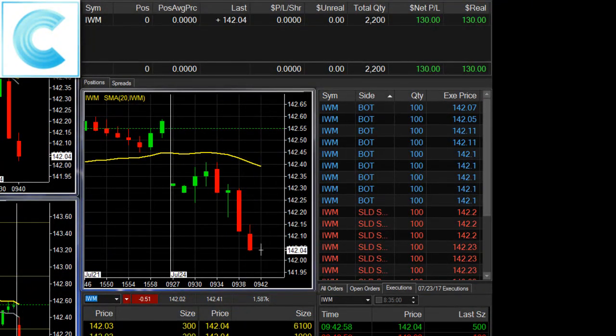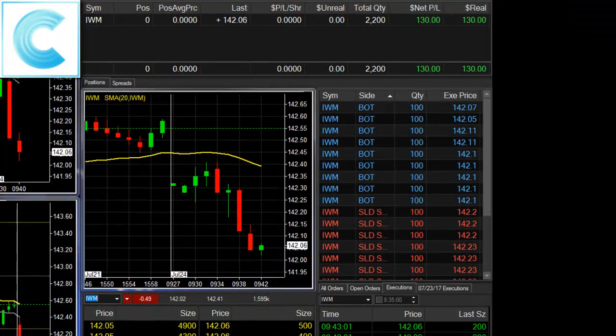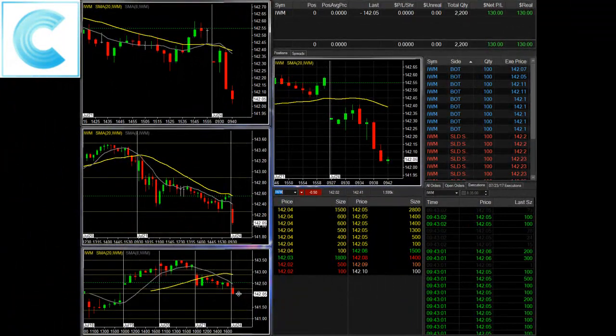I don't know whether or not it's going to break the hourly area of support here. If it doesn't break it, and we get some form of momentum to the upside, maybe it's a temporary retracement. If that's the case, I need to see some bottoming tails. This would be the area of target, which would be the high of the day.